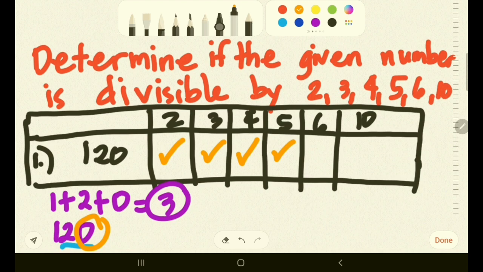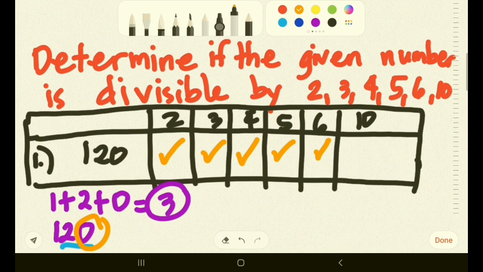Now, 6. If the number is both divisible by 2 and 3, the number is divisible by 6. Since 120 is divisible by 2 and 3, 120 is also divisible by 6. Okay? How about 10?